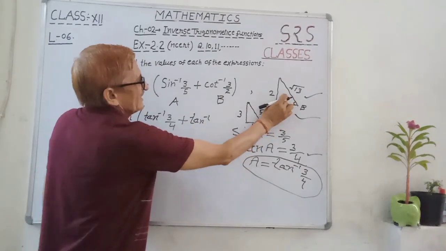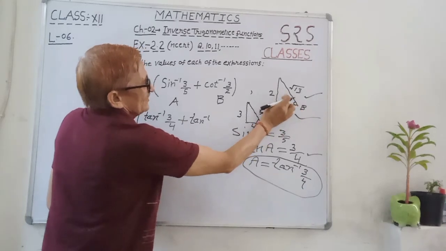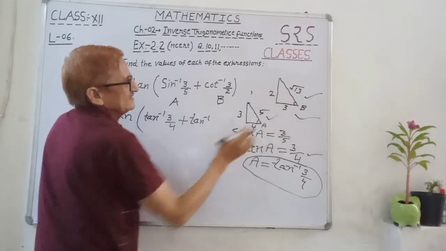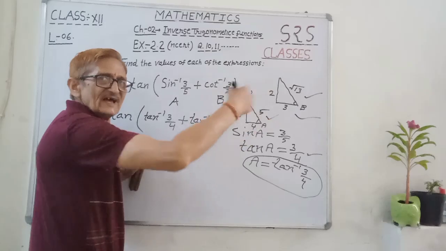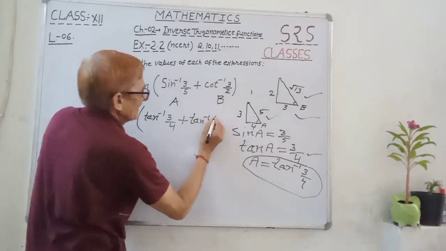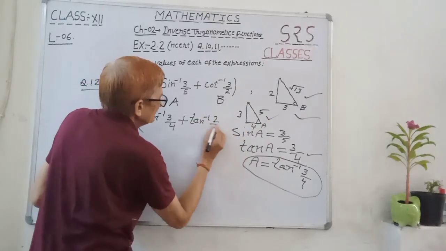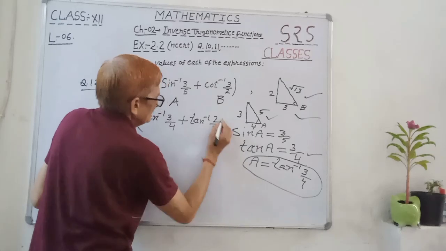You can see from here also tan B is 2 upon 3, then B is equal to tan inverse 2 upon 3.